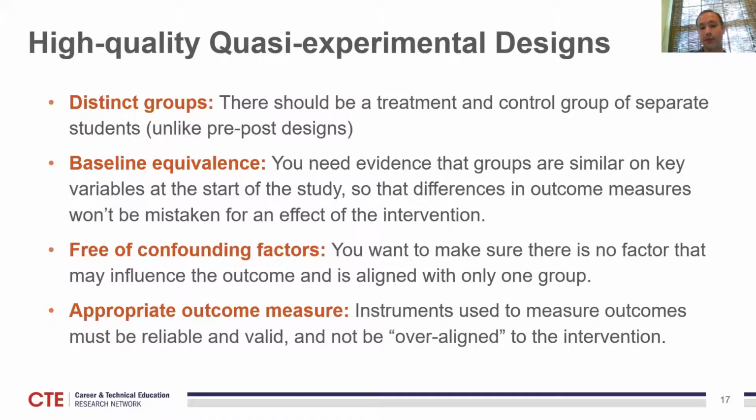As an example from some of my own research, co-requisite remediation is a strategy where students in developmental education in post-secondary education, who are deemed not college ready because they test below college ready, receive remediation concurrently with being enrolled in their college level course. An outcome that people tend to look at is whether or not students pass a first college level course. Well, that is arguably an over-aligned outcome, right?